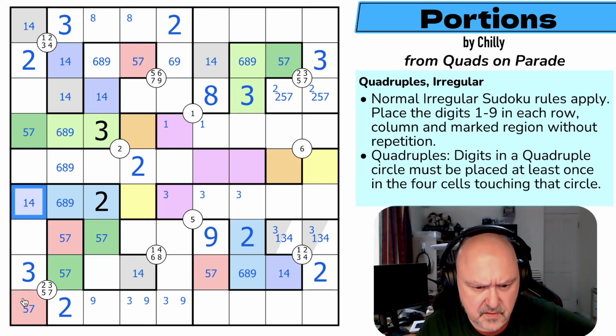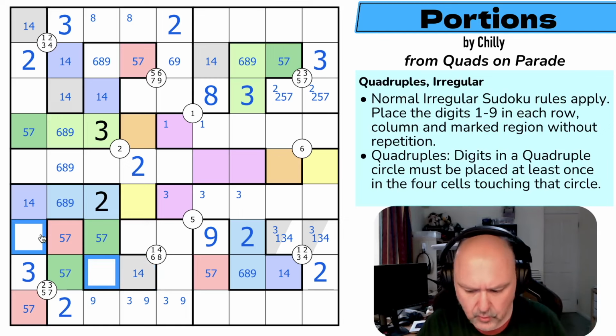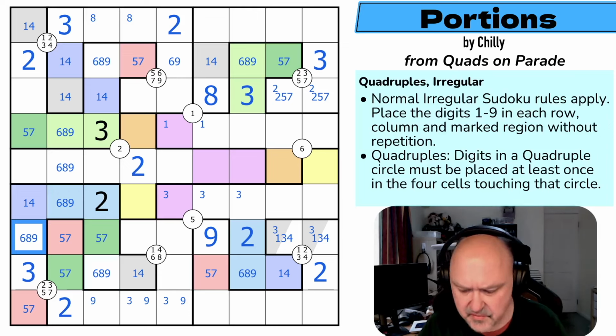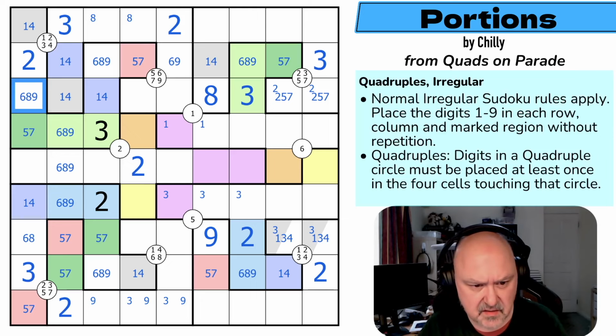So we've 1, 2, 3, 4. These are all 6, 8, 9 because 1, 2, 3, 4, 5, 6, 7, 8, 9. These are the 6, 8, 9s. But there's no 9 here. This is a 6 or an 8. This is the 6, 8, 9.